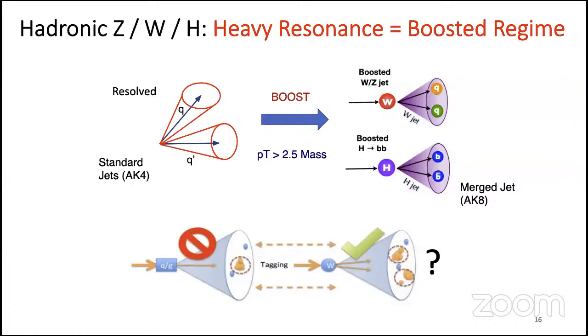So the challenge of this kind of process is to identify if this fat jet or merged jet is coming from a real decay of the boson, or is produced by a QCD background.